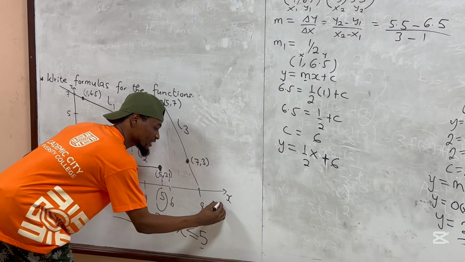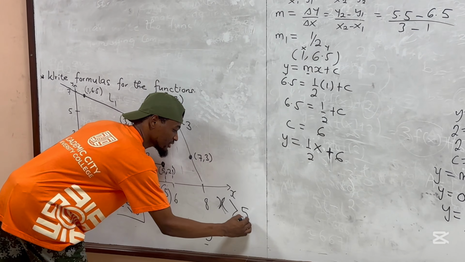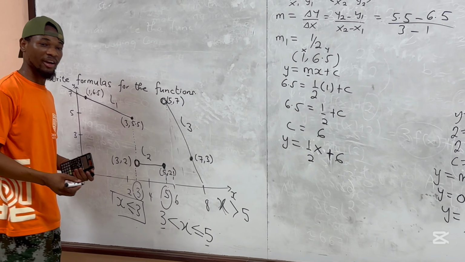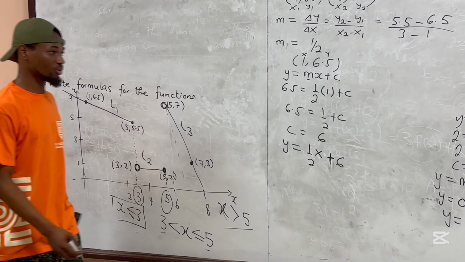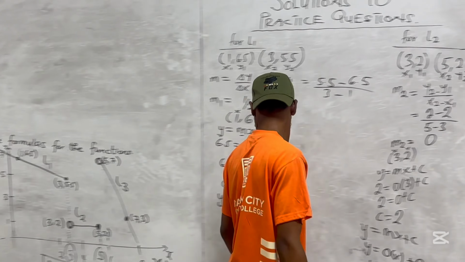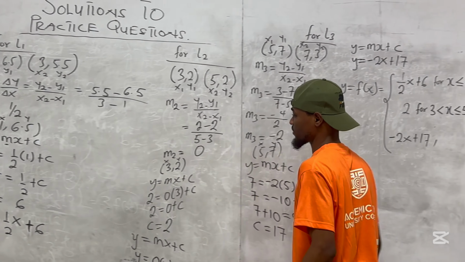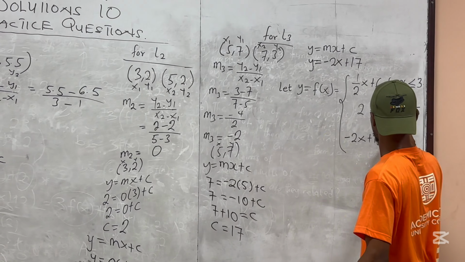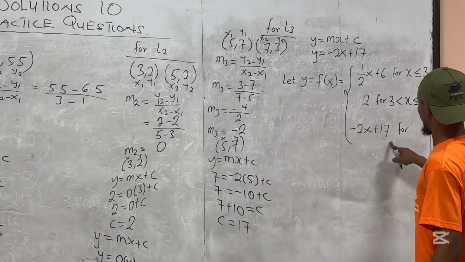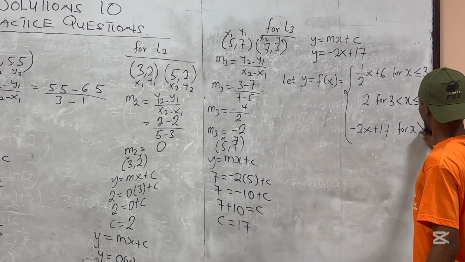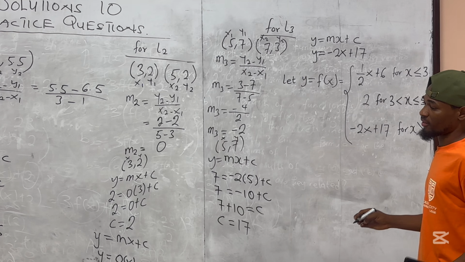So we have x greater than 5. This is the condition: for x greater than 5.